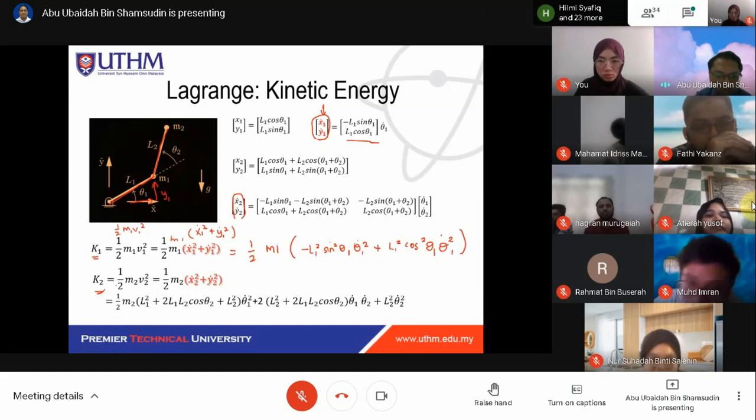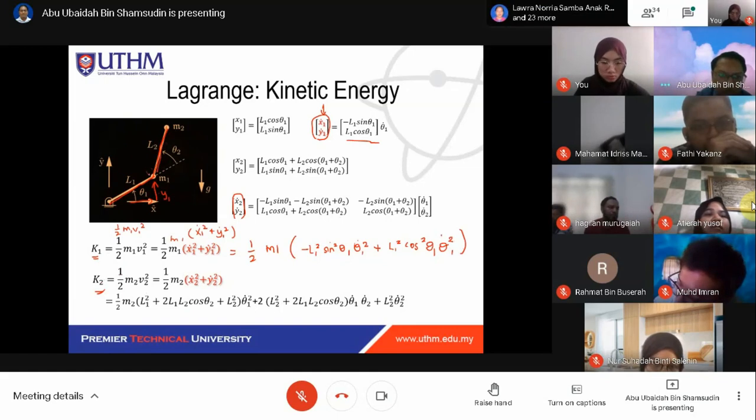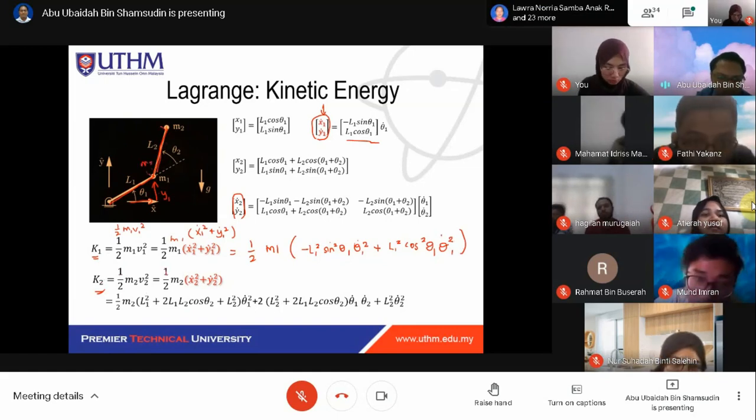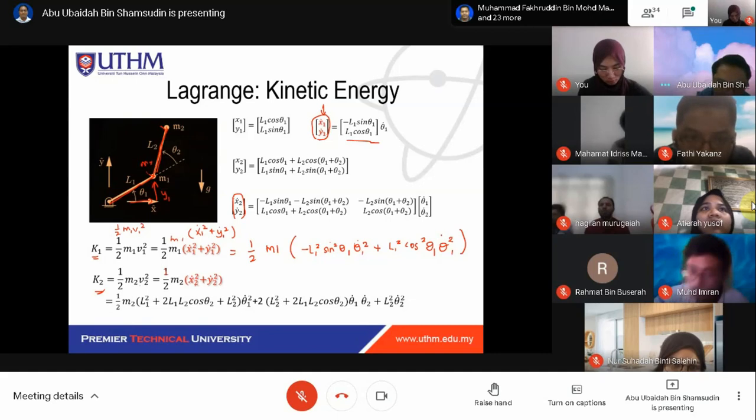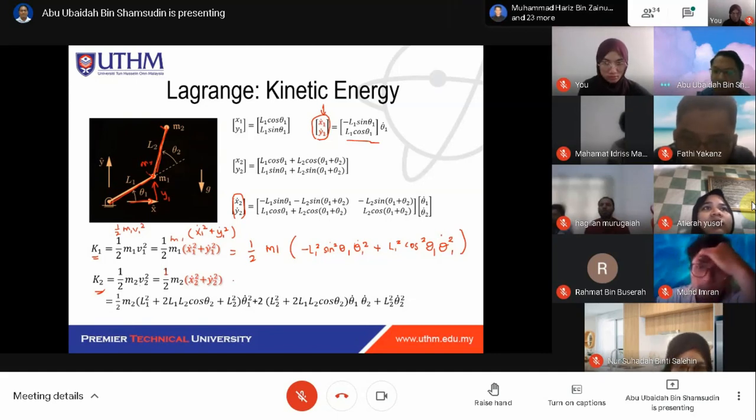For K2, we will use M2 and L2. So it will become half M2 multiplied by V2 powered by 2. So V is x dot 2 powered by 2 plus y dot 2 powered by 2.